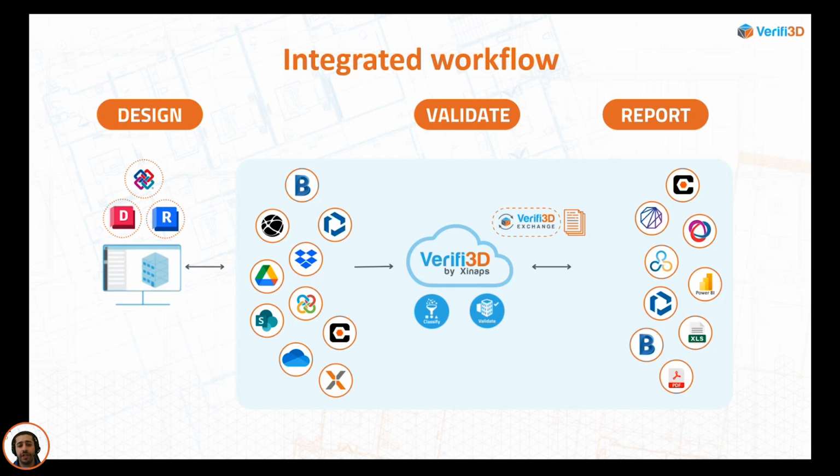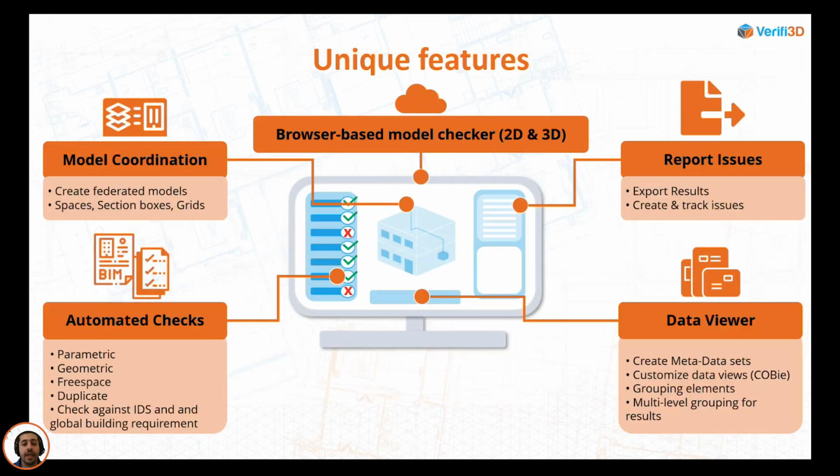Now, the features of Verified till this point: it's a cloud-based solution and it's working in the browser, so we're not depending on any desktop solution. We can do model coordination with Verified. We can create federated models, model sets. We can check the spaces, rooms, everything that exists in the model. There are different types of checks and validation rules that we can use, and of course, Verified checks the data as well.